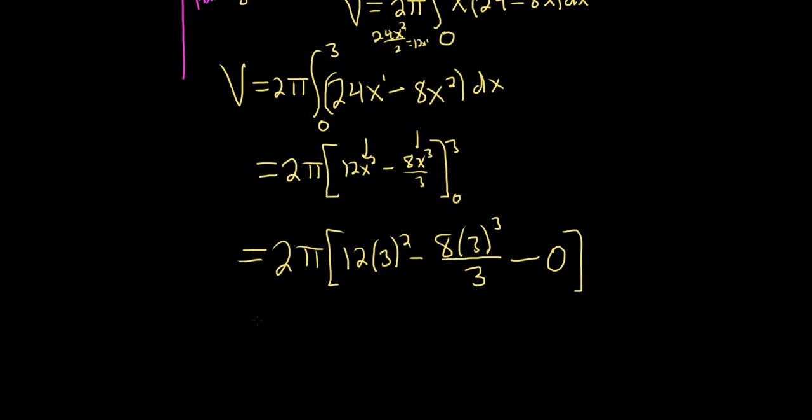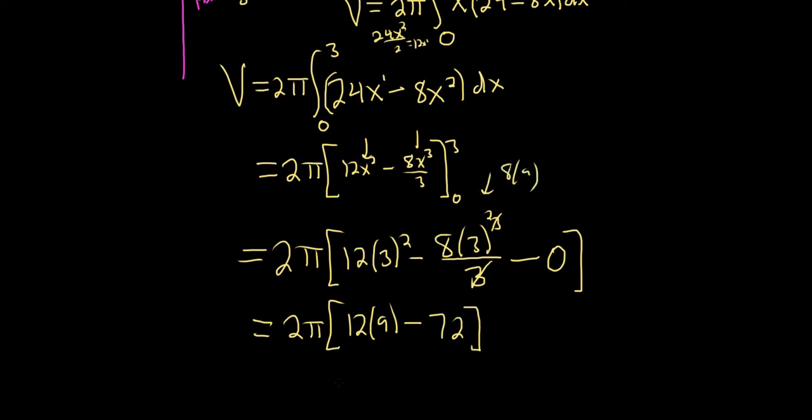It's really nice. So this is equal to 2 pi. This will be 12 times 9, minus, this cancels with one of these, so you're left with 8 times 9, so minus 72. Right, because that's 8 times 9. All right, this is 2 pi, 12 times 9.